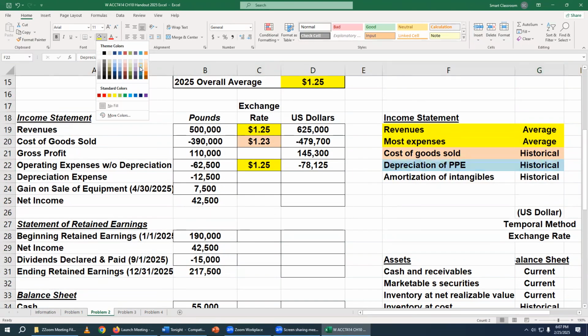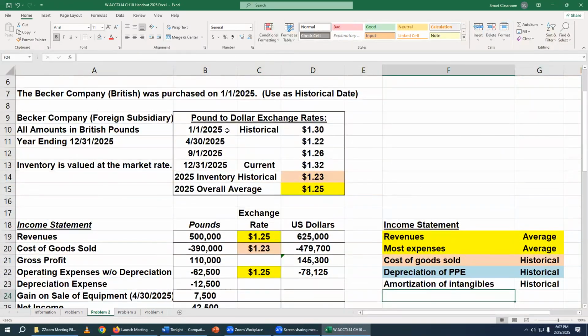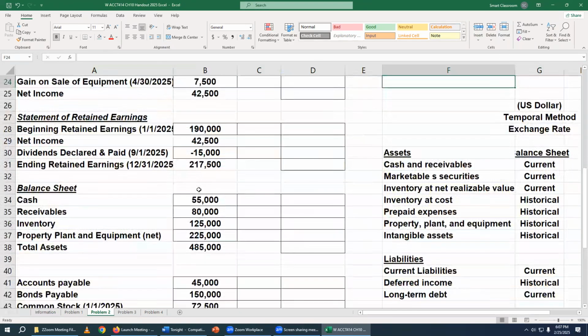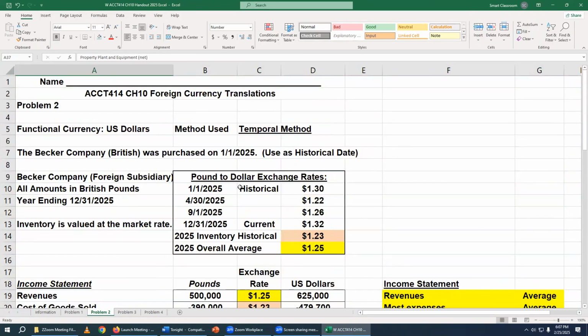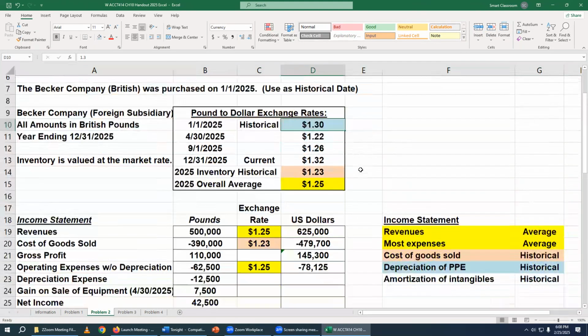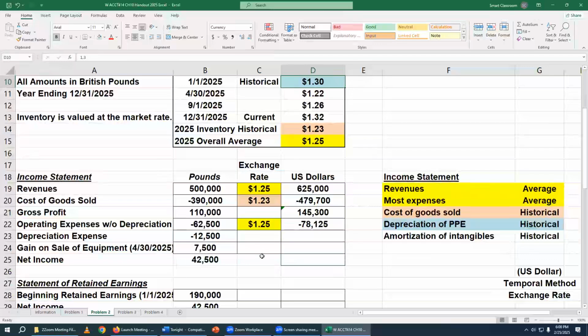So let me change that. The historical for property, plant and equipment is going to be from the beginning up here. Oh, yeah, so the 225 down here will be at the historical from the beginning. So this is the historical we're going to be talking about. $130.